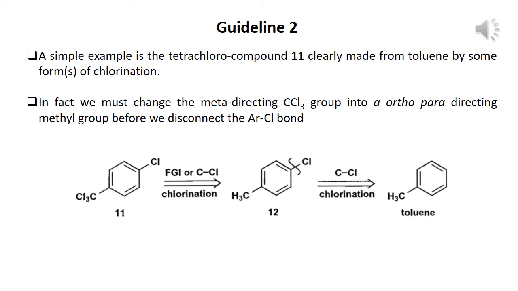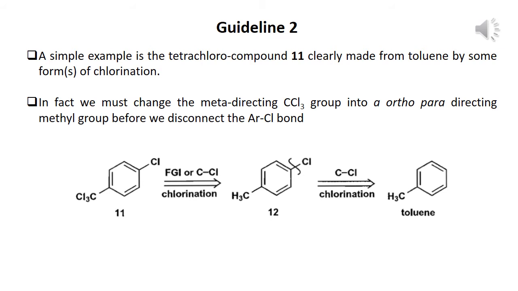Now just first of all do the FGI. We should disconnect the C-Cl bond, and that will be produced by the chlorination. If we disconnect the C-Cl bond, we have got synthon 12, which is having a CH3. So we have disconnected these CCl3 bonds. There are 3 C-Cl bonds.